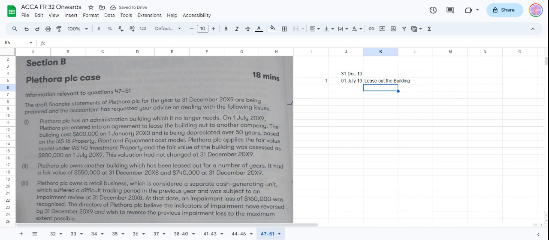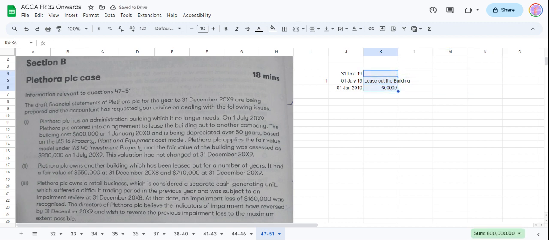The building cost 600,000. So on 1st January 2010, 9.5 years back, the cost was 600,000.